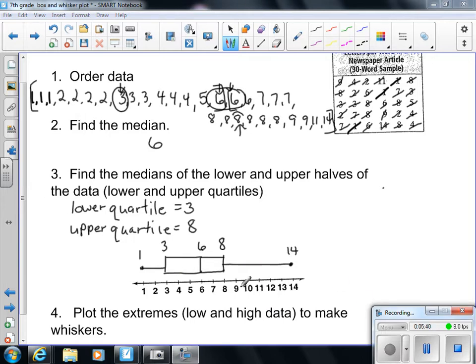Now, sometimes if you have what I call an extreme piece of data, we call that an outlier, and you just put a little star. An outlier is an extreme piece of data, and it's usually just one piece.